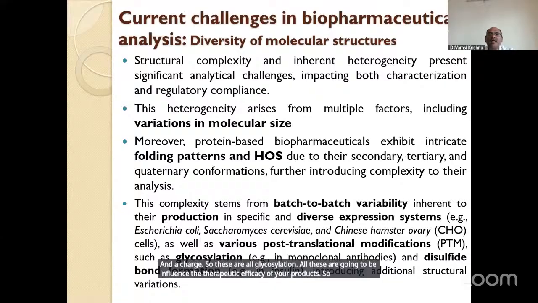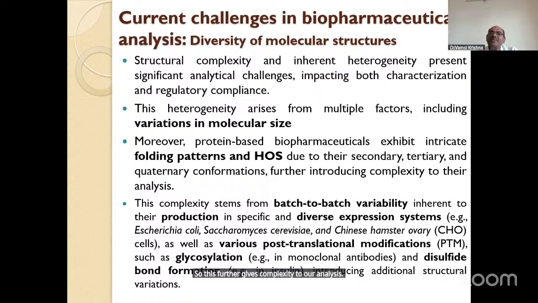Moreover, these protein-based biopharmaceuticals exhibit intricate folding patterns. They have very complex folding patterns and a higher order structure, with secondary, tertiary, and quaternary conformations. This further adds complexity to our analysis.